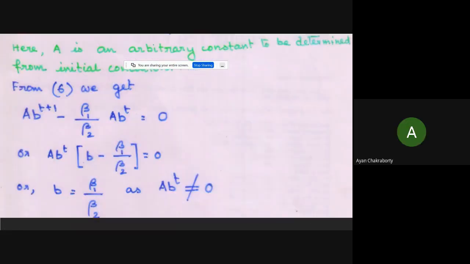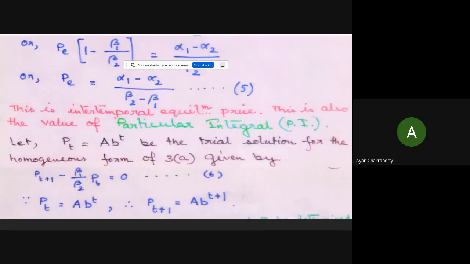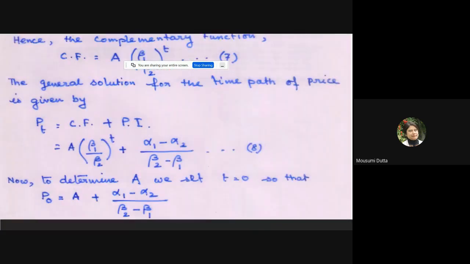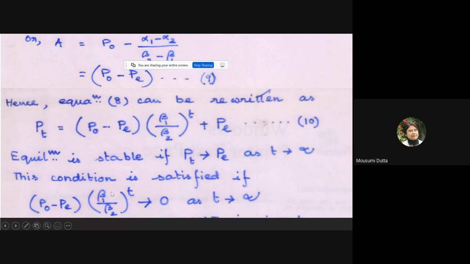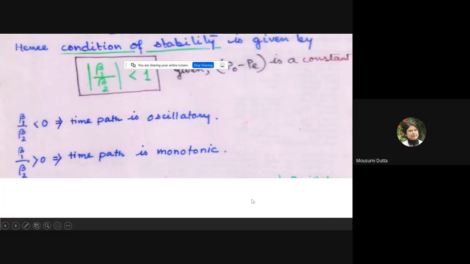Yes, ma'am. So the requirement is that the absolute value of the slope of the supply divided by the slope of the demand is less than 1. This is the required condition for stability.